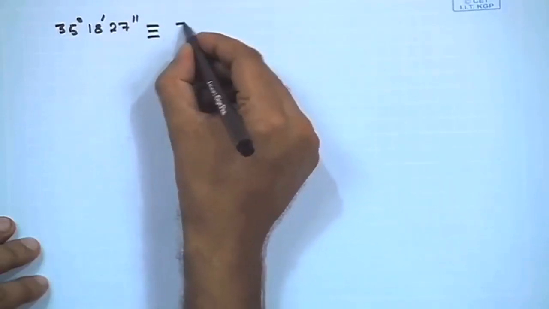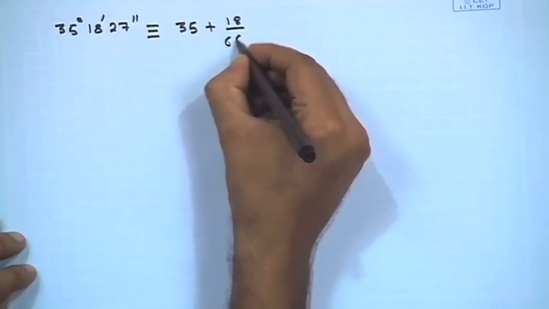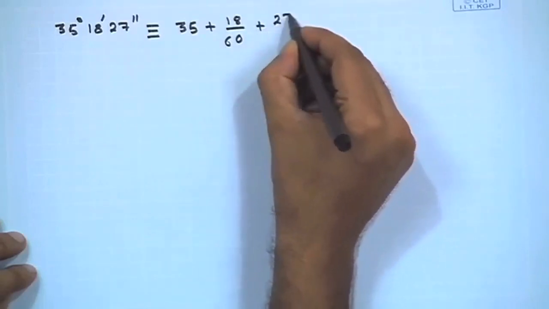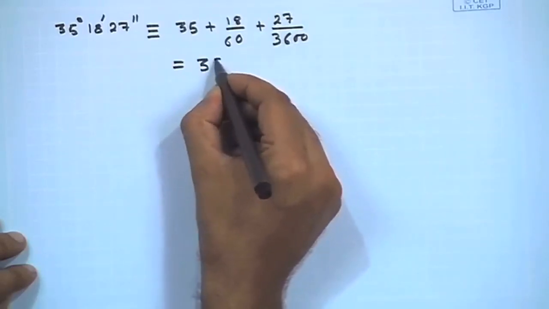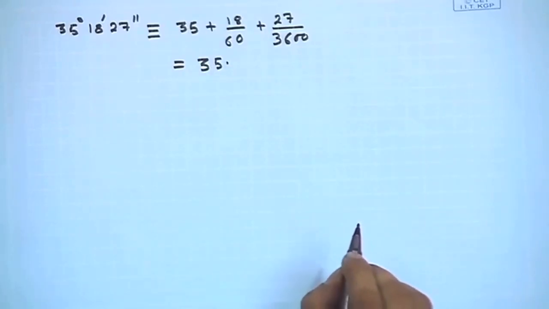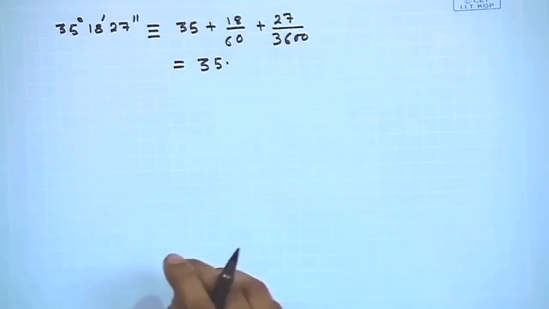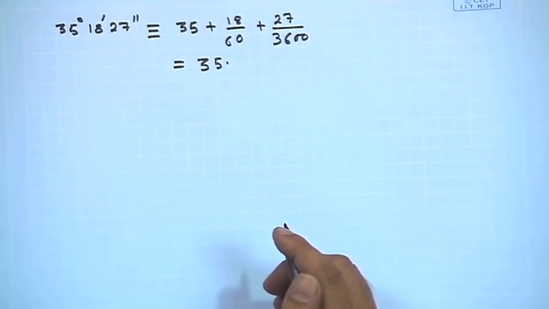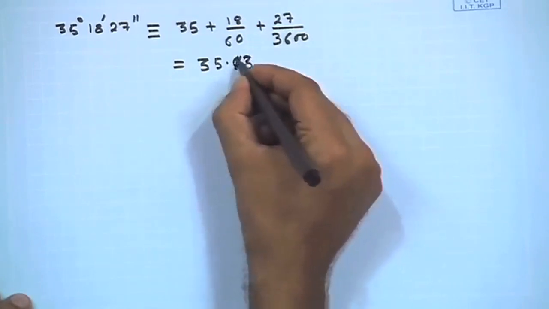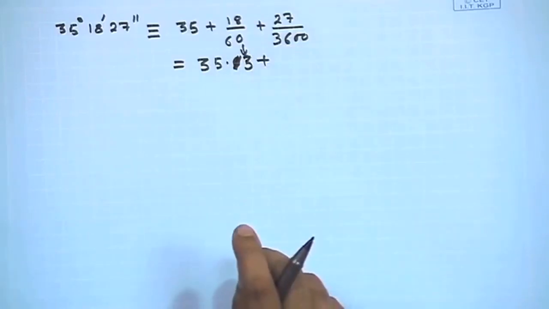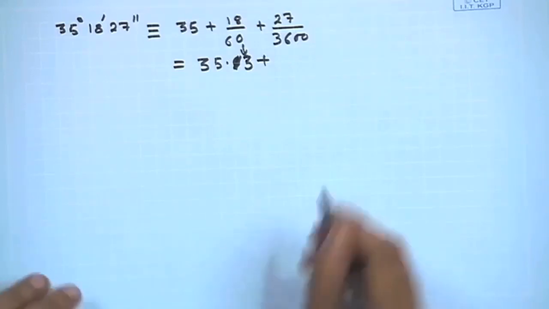First of all, we need to bring it to a decimal format, which will be 35 plus 18 by 60 plus 27 by 3600. 18 by 60 is 0.3, so it will be 35.3, and 27 divided by 3600 is 0.0075.